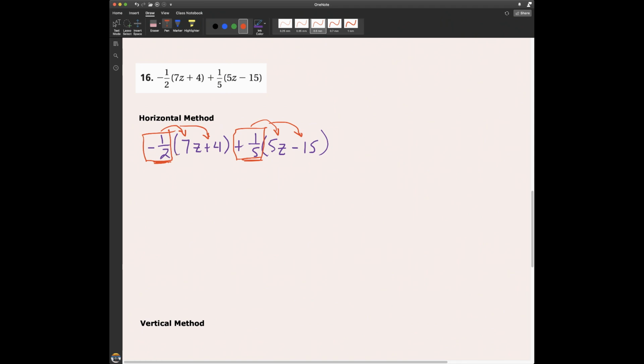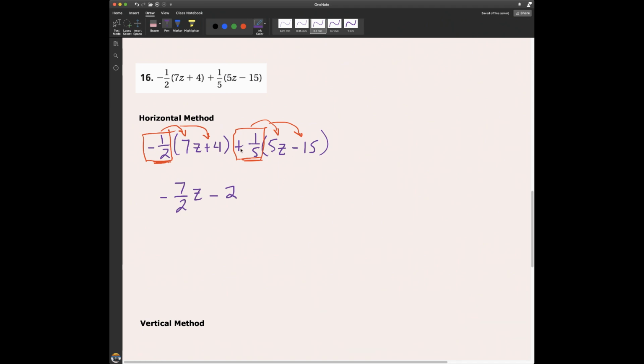Okay, negative 1/2 times 7z is negative, whoops, let me put that in purple again, sorry. I've been using purple the whole time. I'll continue. So negative 7/2 z, and I have negative 1/2 times positive 4, and if you do the work, you'll see that that is negative 2.